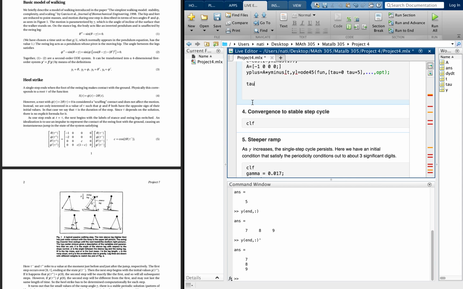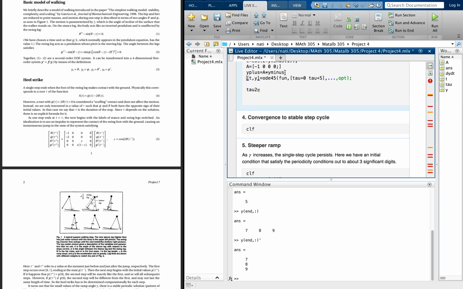We can give it a number 2 so that we can keep on saving them, or we can just call it tau2. And that is just going to be, again, the end of the time. We already know how to find the last time of that ODE function. Sorry, here I messed up. So we're just going to get the last value of time for tau2, and that's going to be the end of our second step.